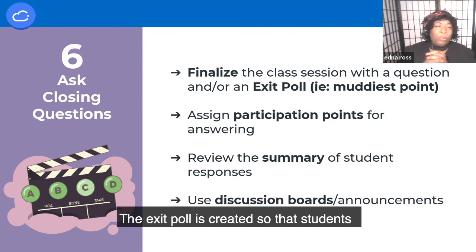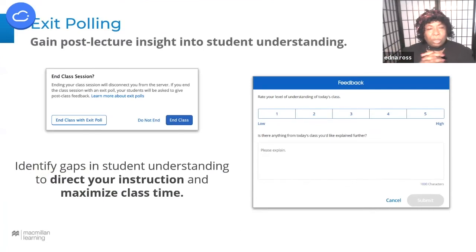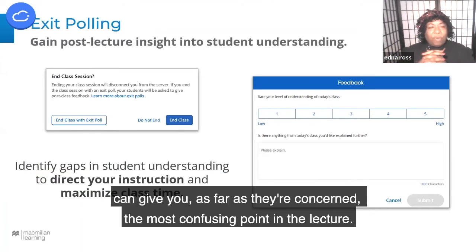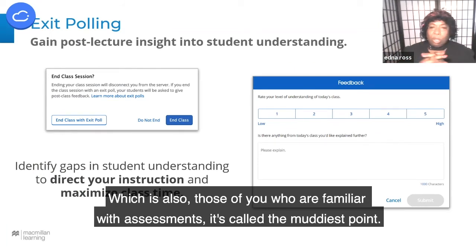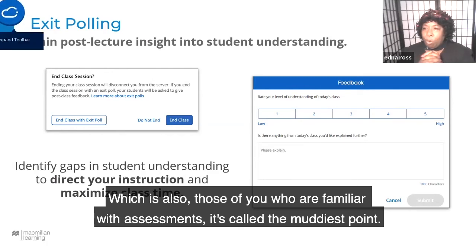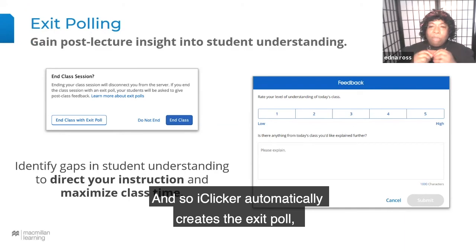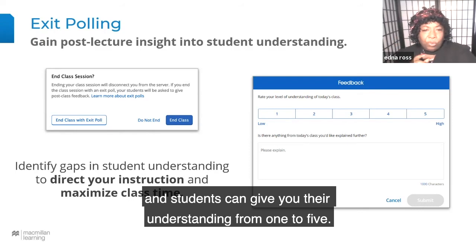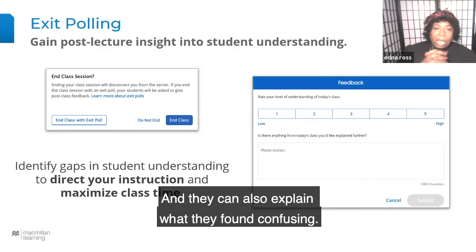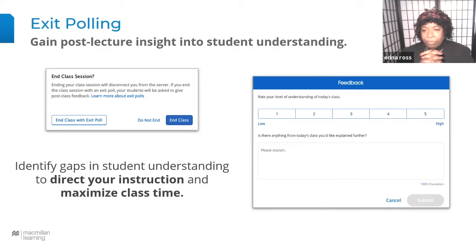The exit poll is created so that students can give you, as far as they're concerned, the most confusing point in the lecture, which, for those of you who are familiar with assessments, is called the muddiest point. And so iClicker automatically creates the exit poll, and students can give you their understanding from 1 to 5, and they can also explain what they found confusing.